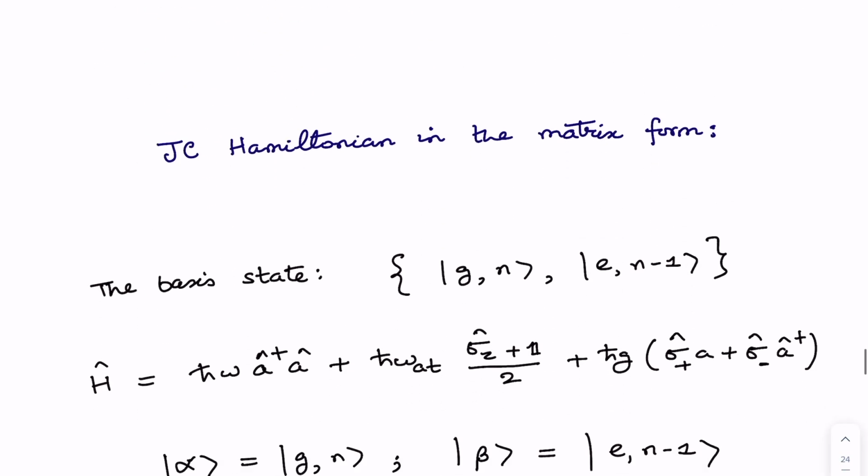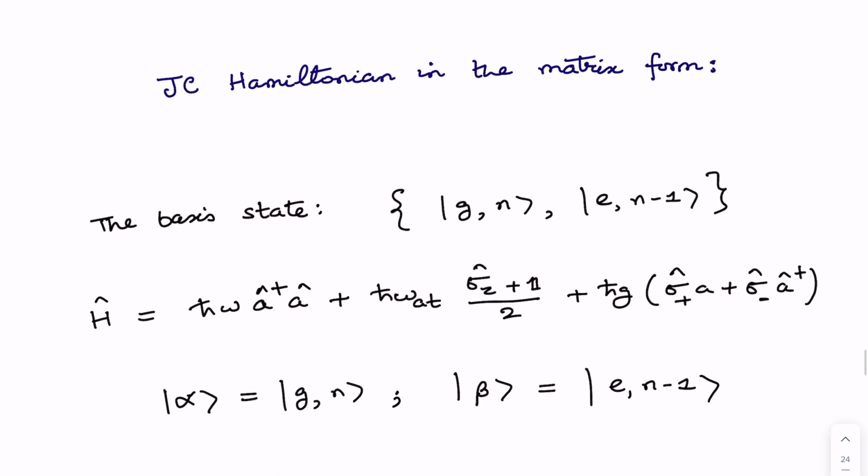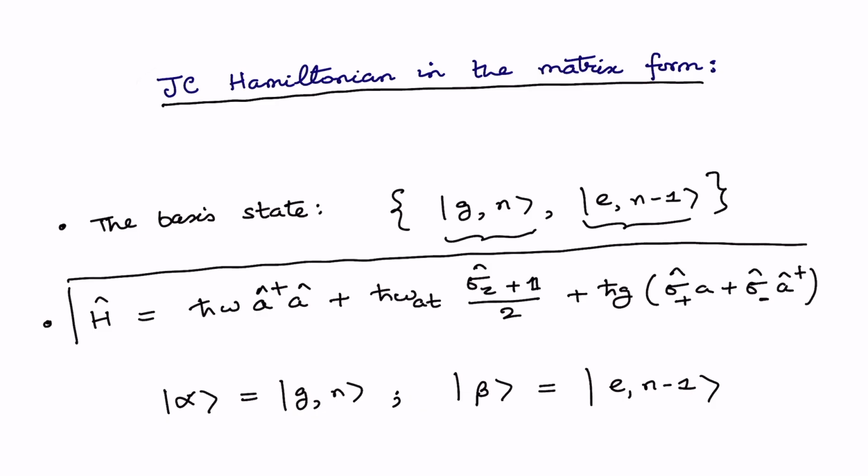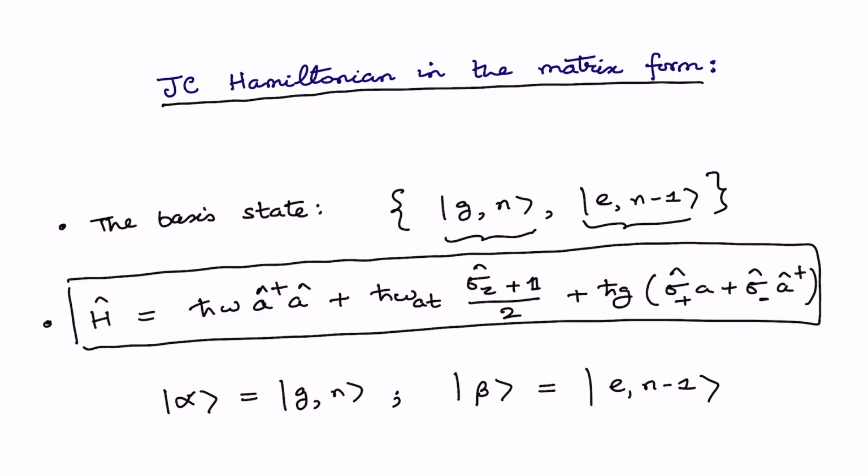We can write down the rotating wave Jaynes-Cummings Hamiltonian in matrix form. To do that, we consider one basis state as the atom in the ground state and n quanta in the field mode, and the other basis state corresponds to the atom in the excited state with one less quantum in the field mode. So this Jaynes-Cummings Hamiltonian in the rotating wave approximation can be written in this form, which we have written already.